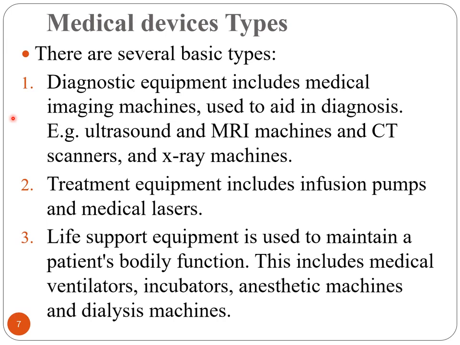Treatment equipment includes those used for treatments, including infusion pumps and medical lasers. Life support equipment is used to maintain the patient's bodily functions. This includes medical ventilators, incubators, anesthetic machines, and dialysis machines.